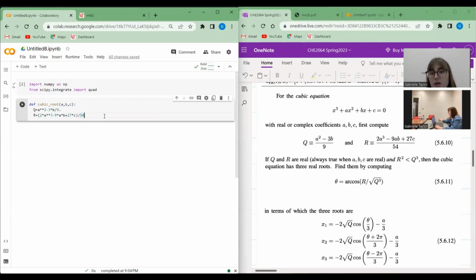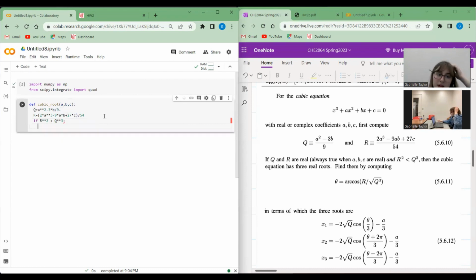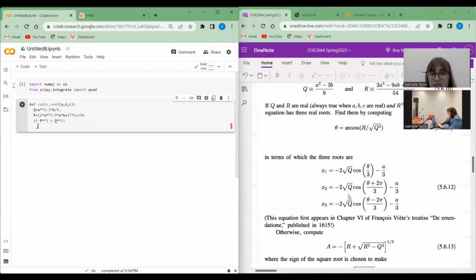So it says if Q and R are real, and if R squared is less than Q cubed, then it has 3 real roots. So let's make an if statement about this. If R squared is less than Q cubed, then, if this is real, we have to calculate our theta.